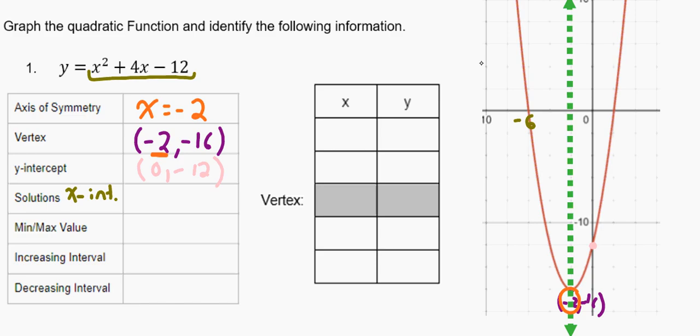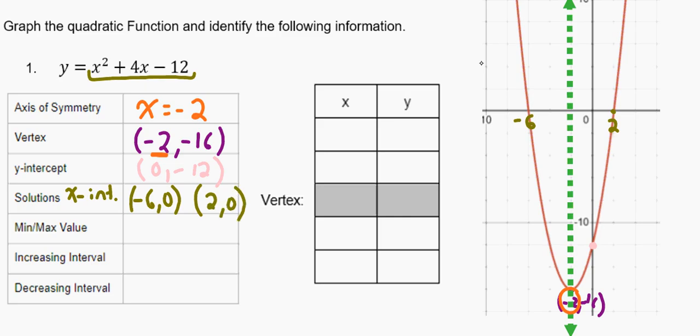So one of my solutions is going to be -6. Now I'm going to put it as a coordinate point. If you forget and say x equals -6, that's okay. And then here at x equals 2, so that's 2, 0.